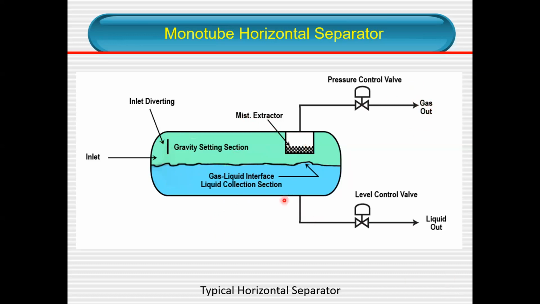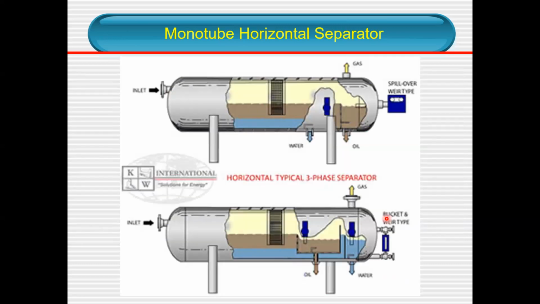Similarly, the liquid in this particular case goes as water and oil together. You are not separating the oil and water at that platform or separator itself, but it goes to another stage before it is separated. Monotube horizontal separator. Again, in this particular case, as you can see here, it is a three-phase separator. You have water that can be separated out already.